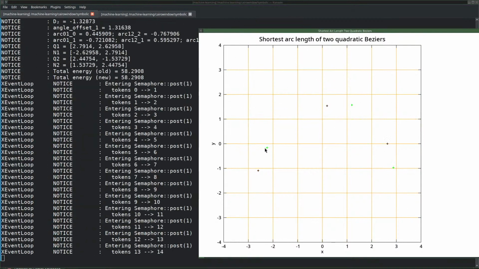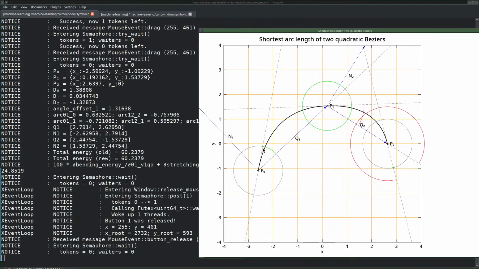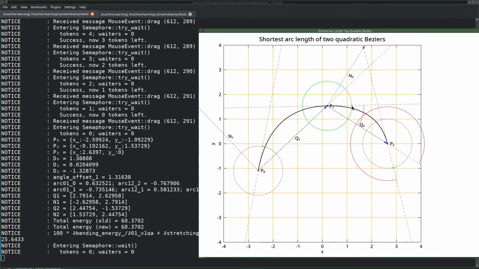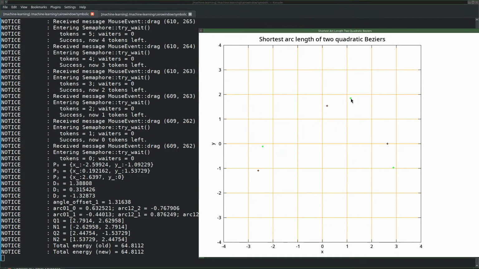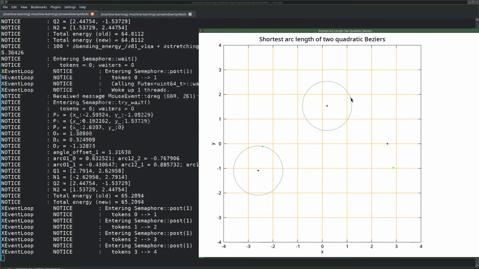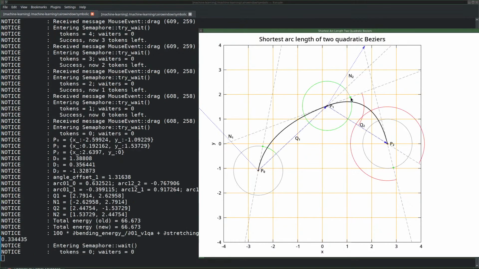It's so slow, man. It's still only 24. 25. 22. 17. 5. 0.33. Wow.